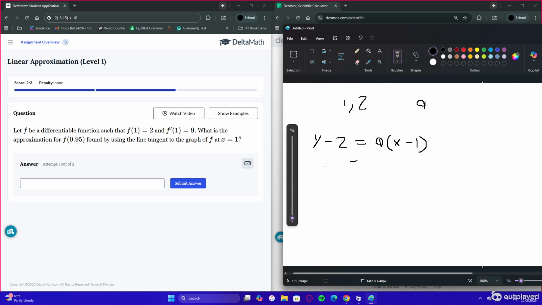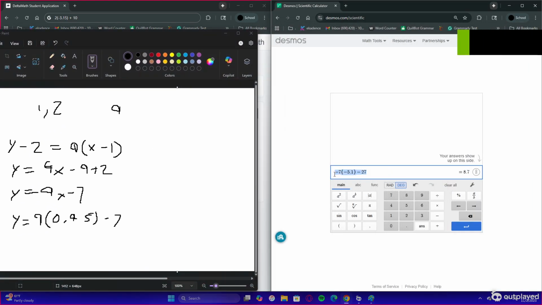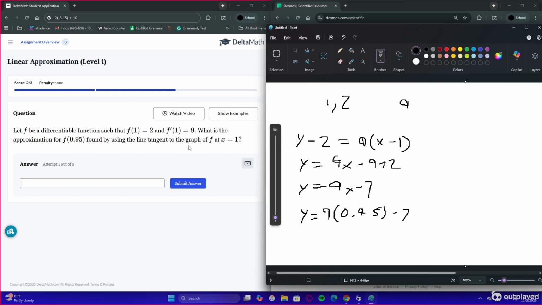So y is equal to 9x minus 9 plus 2, and y is equal to 9x minus 7, and our approximate point here is going to be y equals 9 times 0.95 minus 7, which is equal to 1.55.